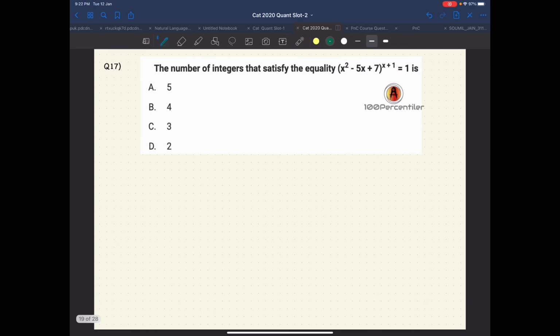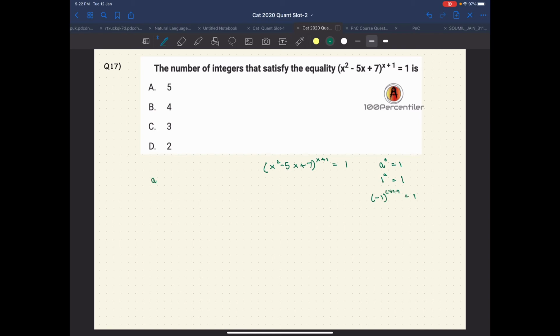Now the number of integers that satisfy the equality x square minus 5x plus 7 raised to power x plus 1 equal to 1. Now this can be equal to 1 in the following ways. If a raised to power 0 is 1, 1 raised to power anything is 1, and minus 1 raised to power even number is 1.